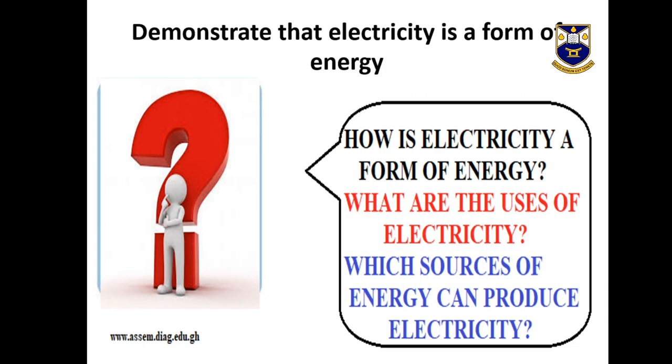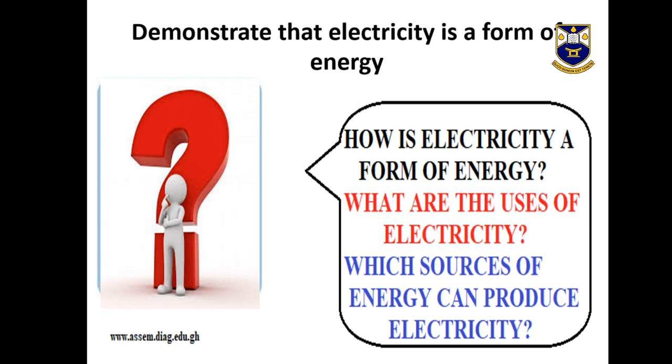You ask this question and students will be able to tell you a number of them. Then you ask them how electric energy becomes a form of energy. See, we are saying that energy is the ability to do work.